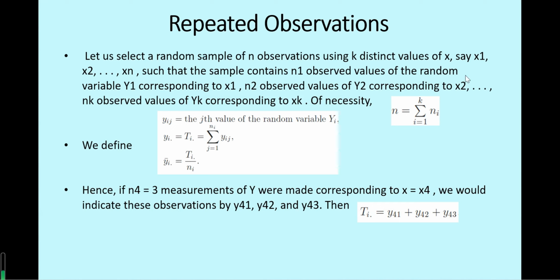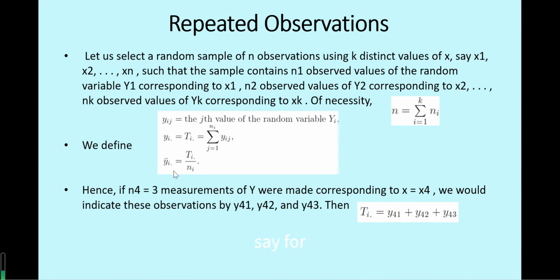So say for x1, x2, until xn, we get ni observations for each of these xi's values, and observe the value of y.